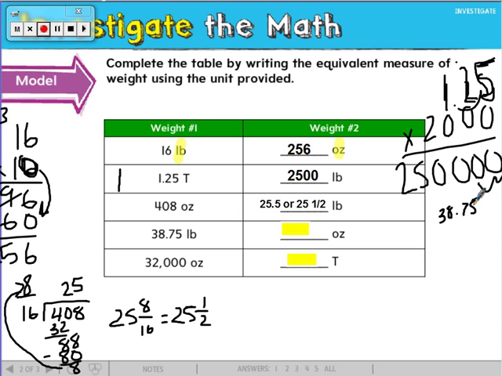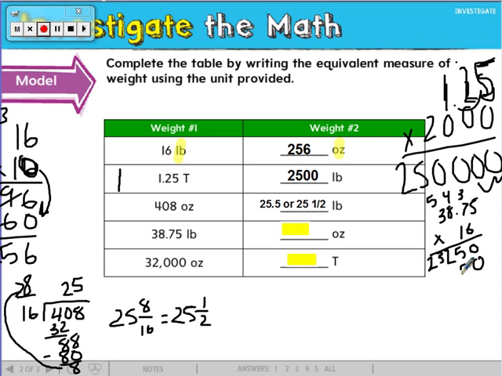So we're going to go 38.75 times what? 16. 6 times 5 is 30. Carry my 3. 42 plus 3 is 45. 6 times 8 is 48 plus 4 is 52. 6 times 3 is 18 plus 5 is 23. Placeholder.